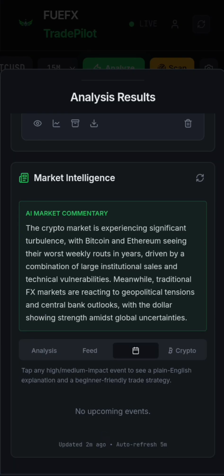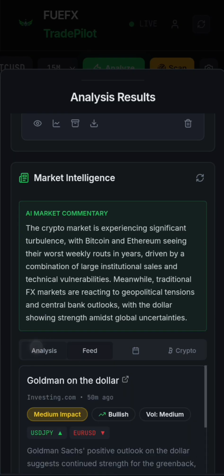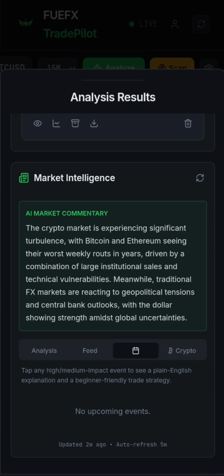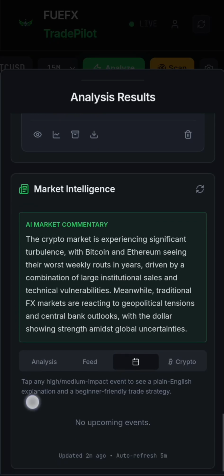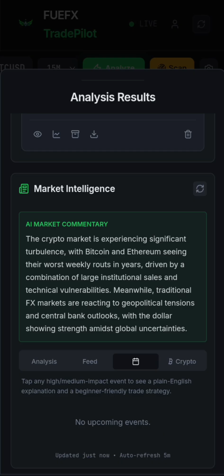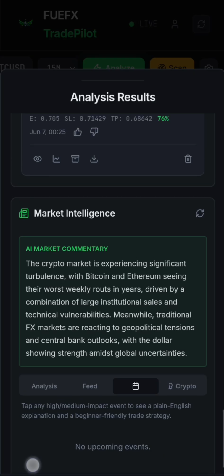So that's that for the market intelligence. Currently, there are no economic events because this is a weekend. Let me just do a refresh to see if any event will show up in the economic calendar. Okay, so nothing yet.